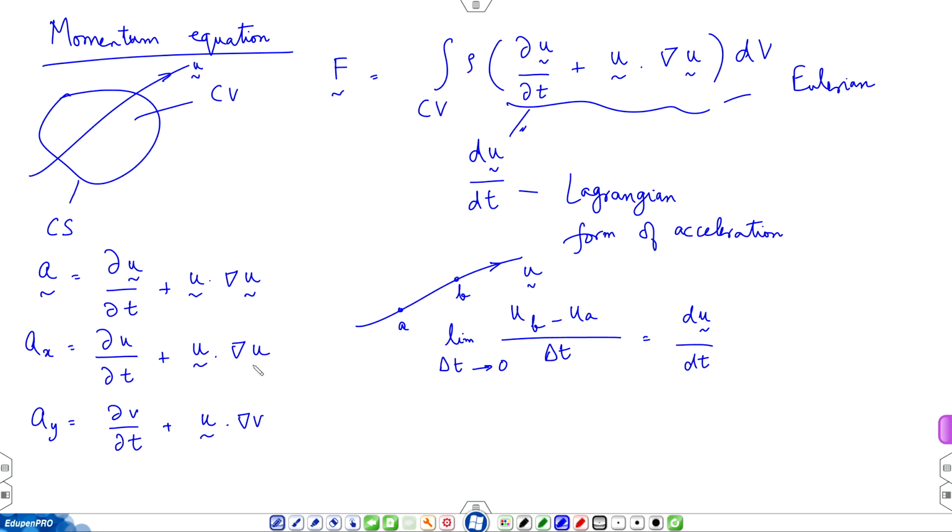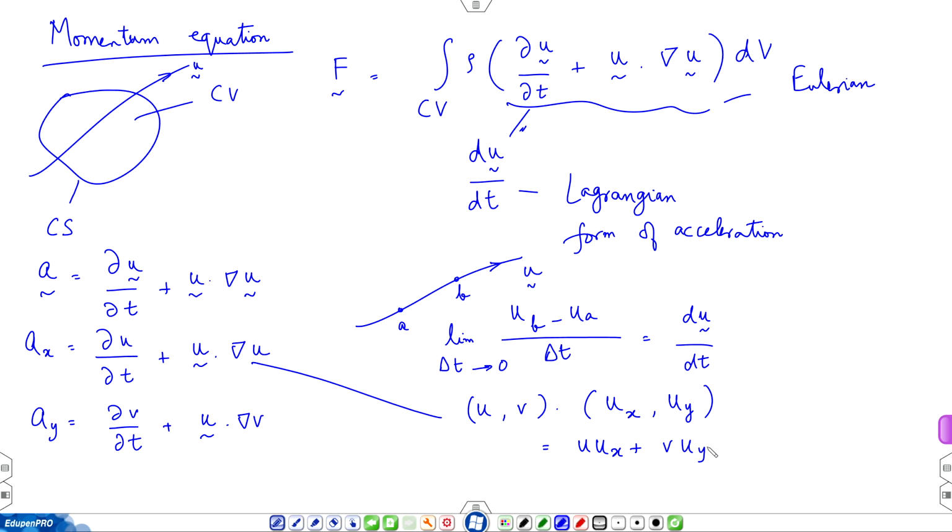So, if you want to evaluate this quantity, it will just be u v dot product u x u y, which is u u x plus v u y.